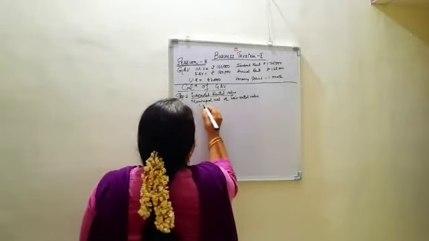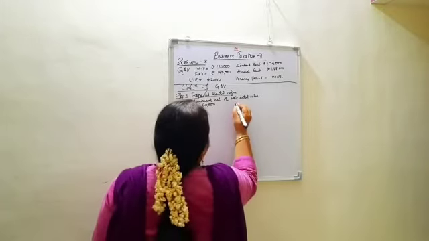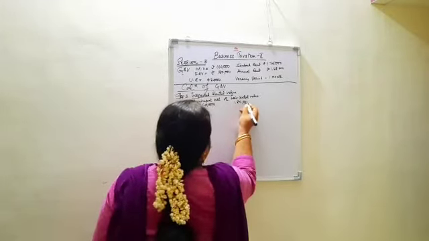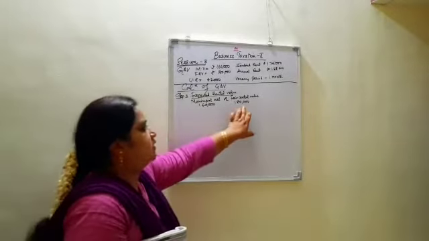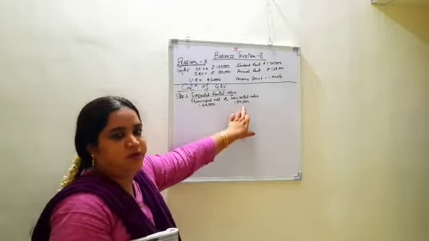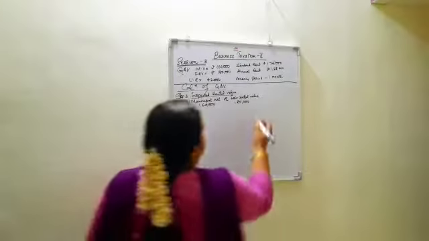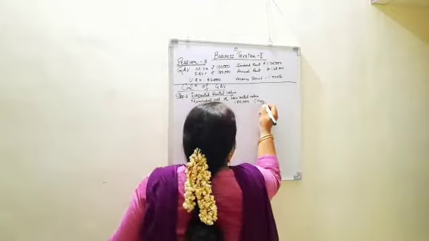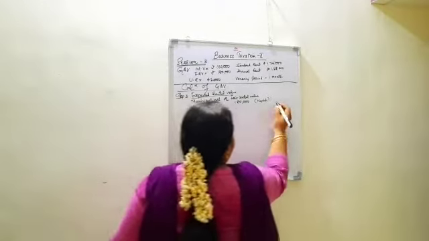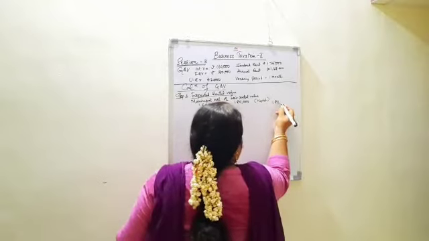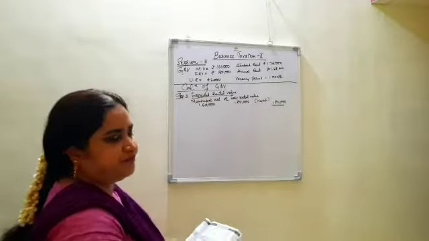What is the municipal value? 1,60,000 is the municipal value and fair rental value is 1,80,000. So first we should compare the municipal value with that of the fair rental value and find out which is the highest value. After comparing this, we can conclude that 1,80,000 is the highest value.